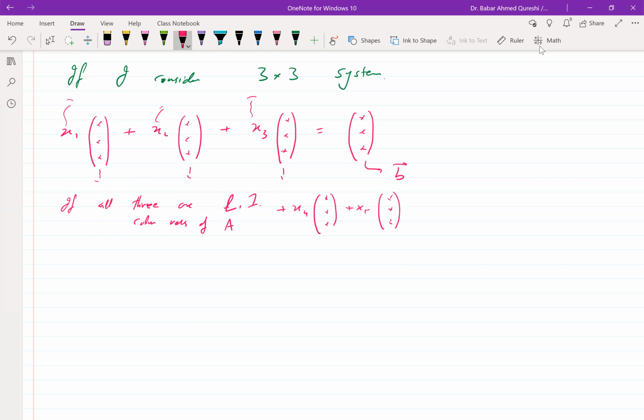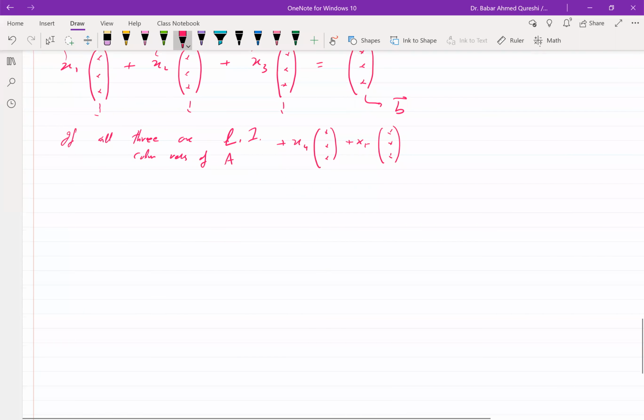It's a bigger chance that all 5 do not lie in a smaller dimensional subspace. So you're just increasing your chances of having the system consistent. And this is what we learned at the beginning of the course: if you have more equations than unknowns, there's a very big chance that the system can be inconsistent, but it can still be consistent. If you have the same number of equations as variables, you have a bigger chance of being consistent. And if you have more variables and fewer equations, then it's much more likely to be consistent.